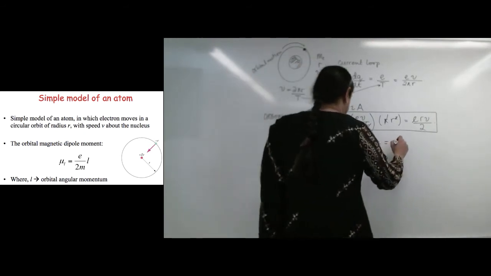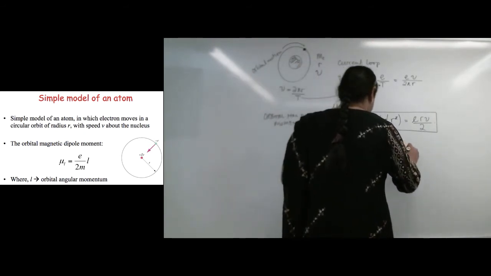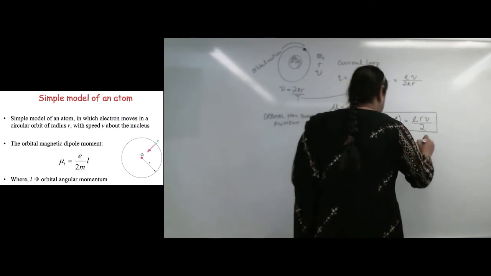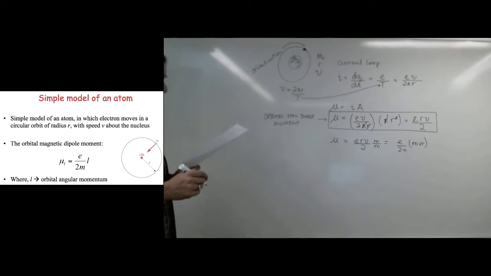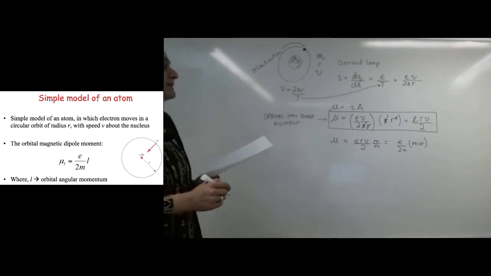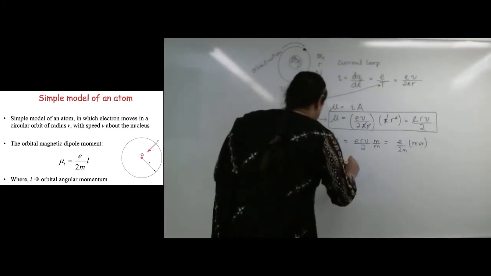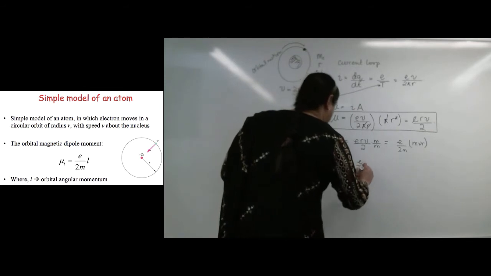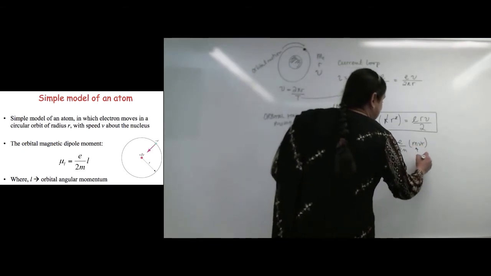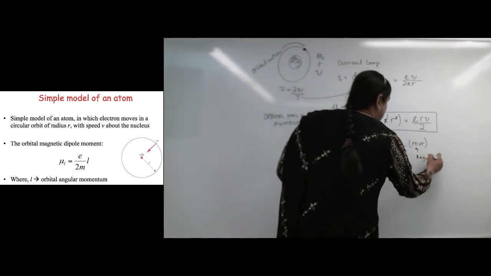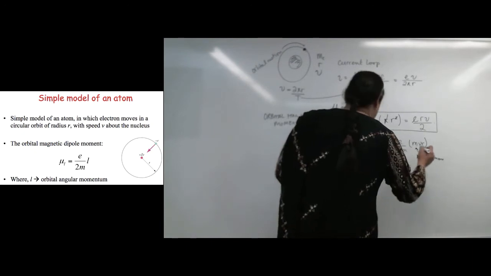What do I get? e over 2m times mvr. And what is this mvr? It's nothing other than angular momentum. So this equation can also be reduced down to this, which is angular momentum.